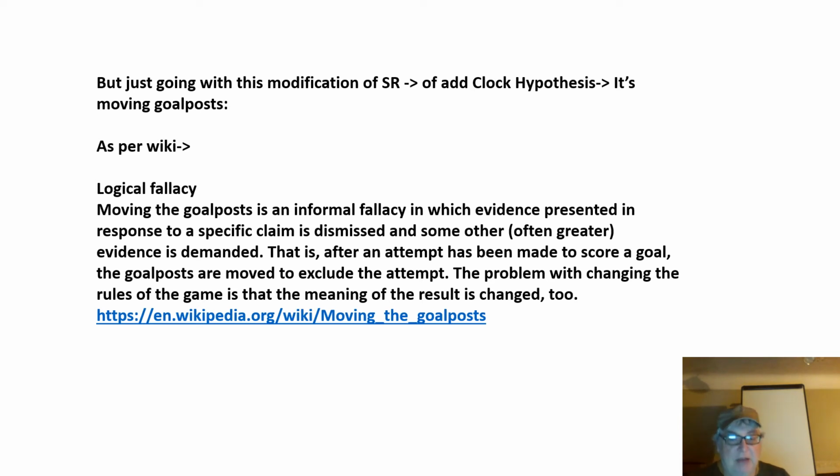You suddenly then have to add a third assumption to it. And talking in terms of football, if you're trying to score a goal and somebody moves the goalpost out of the way, that's cheating. And basically, special relativity seems to be cheating a bit. It will add extra assumptions when it feels a need to, such as the clock hypothesis.